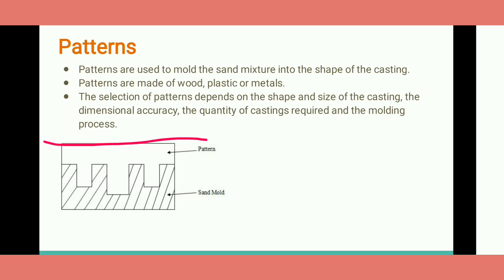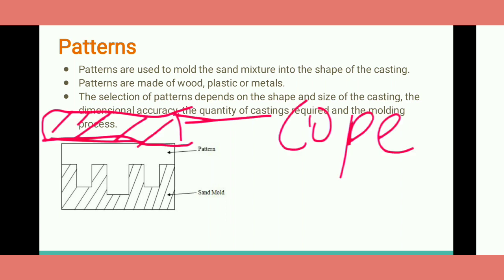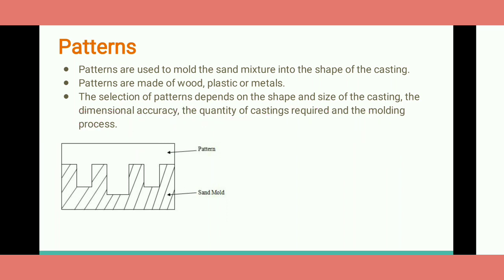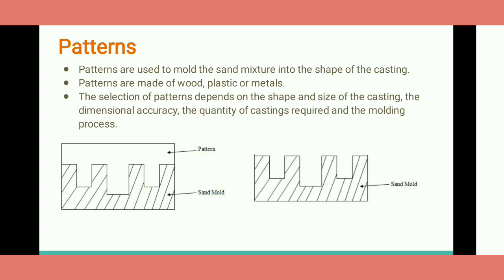Below the parting line there is a drag, above it there is a cope. I have not shown the cope here, as we are completely fixing this pattern inside the drag, but just assume that when it is filled, we'll keep the cope part above the sand mold. So this is the pattern, the shape required, and this is the sand mold.